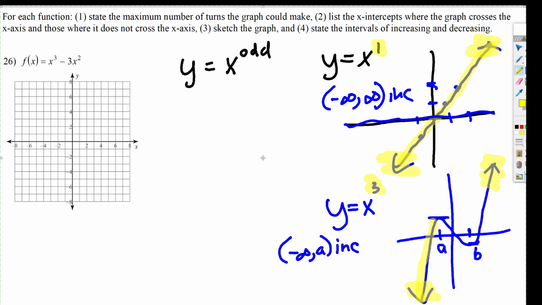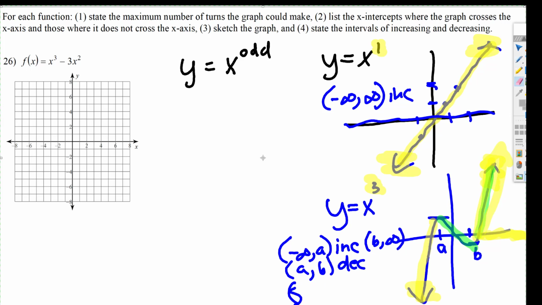And then from A to B, the graph is decreasing. And then from B, all of those x's right there, that graph is going to continue to go up. So from B to positive infinity, we're back to increasing again.